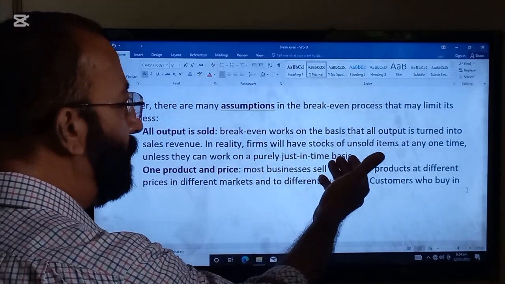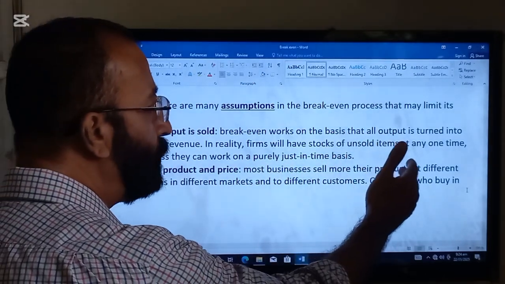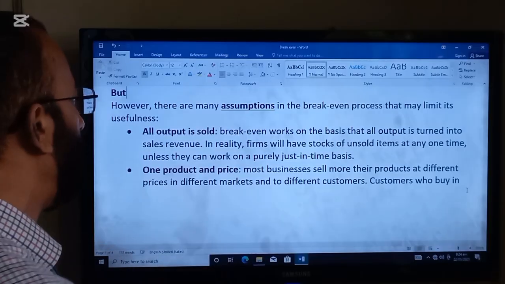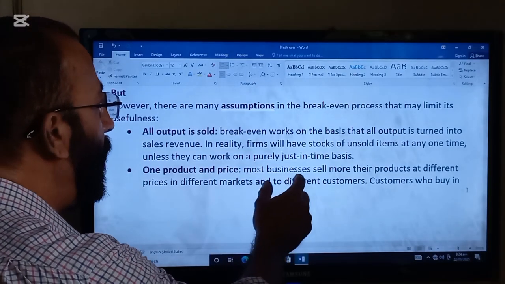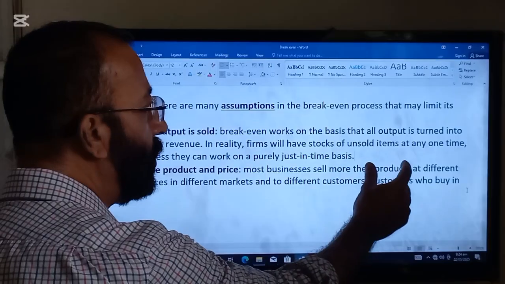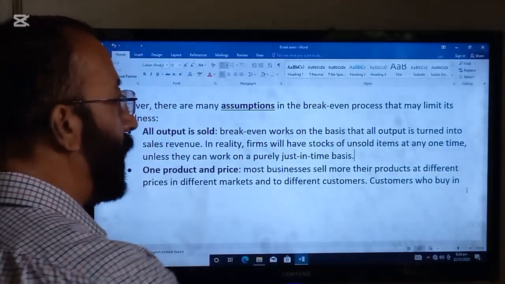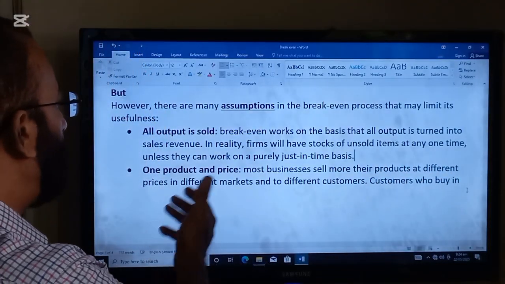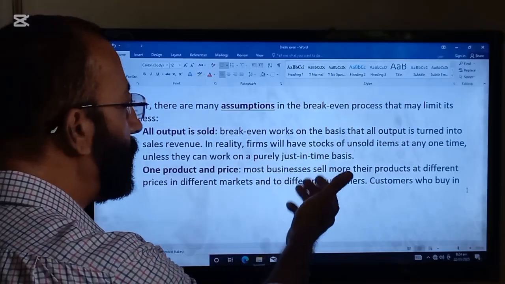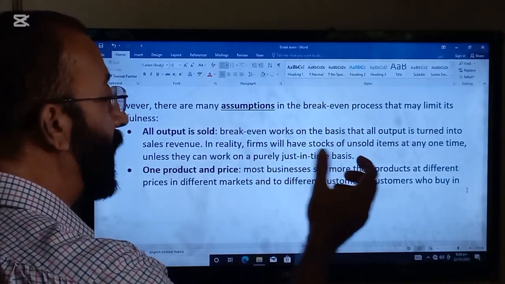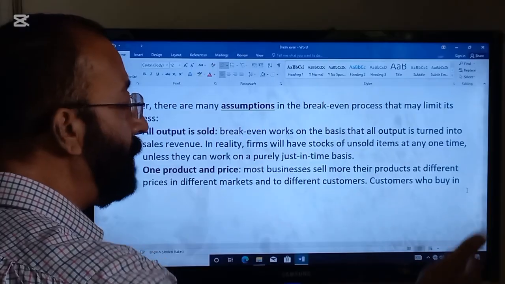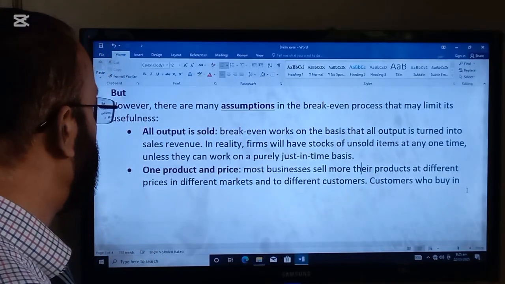Break-even works on the basis that all output is turned into sales revenue. In reality, firms will have stocks of unsold items at any one time, unless they can work on a purely just-in-time basis. So this is the first assumption that we make about the break-even analysis.